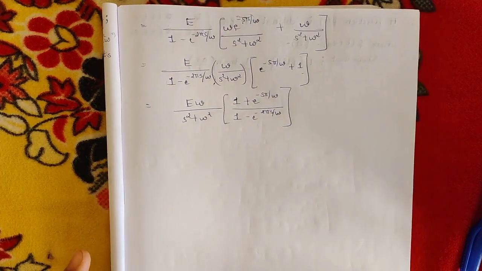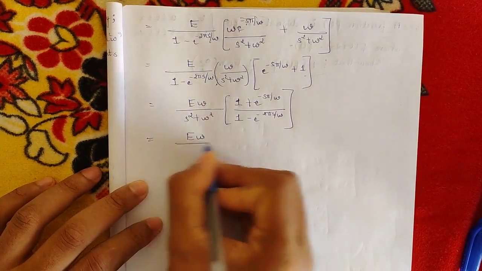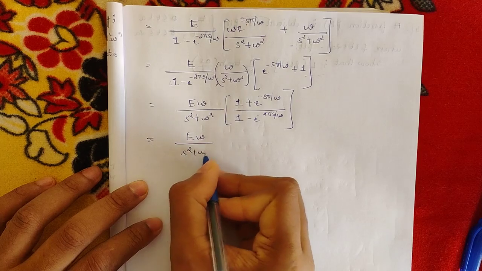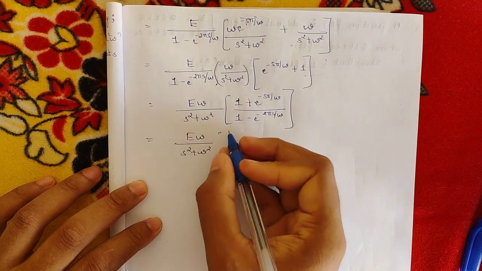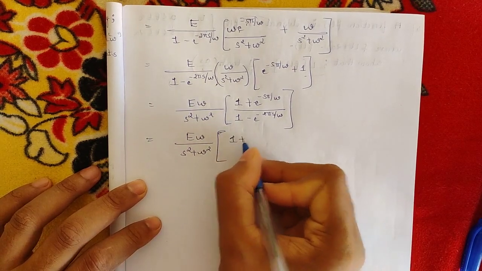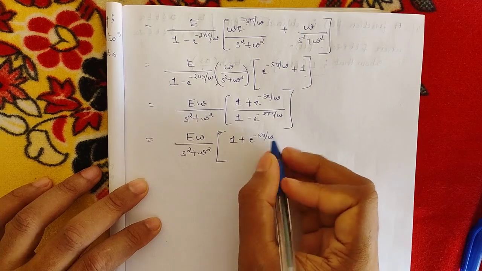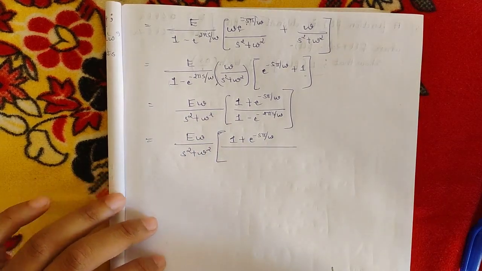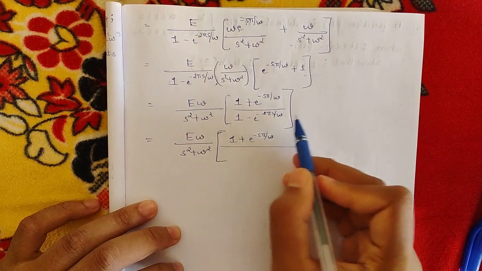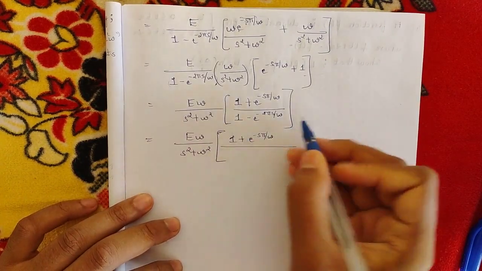Okay, so that is equal to e omega divided by s square plus omega square into 1 plus e to the power minus s pi by omega divided by, so again this is of the form a square minus b square, that is a plus b, a minus b.